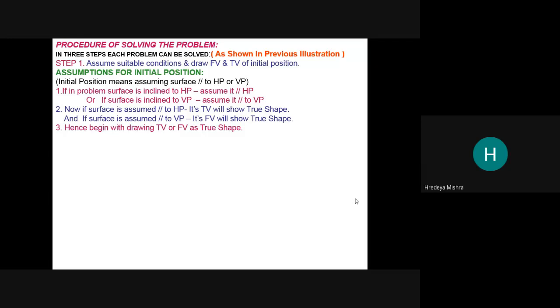Hence we will begin from the top view or front view.